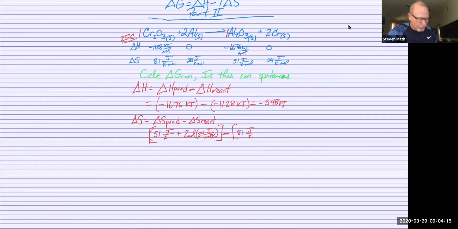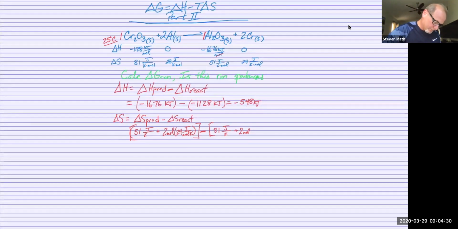We're just doing that in our heads. Plus 2 moles. That's the coefficient in front of the aluminum here. 2 moles times that 28 joules per mole Kelvin. Now my moles are going to cancel out very nicely. And Texas Instruments does the work for me again. And I find out that my delta S value is negative 38 joules per Kelvin.